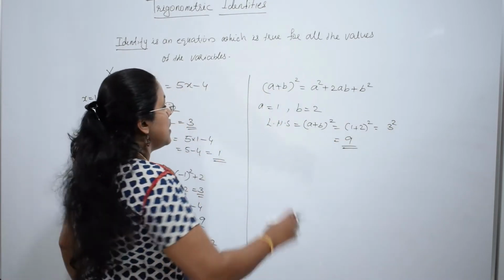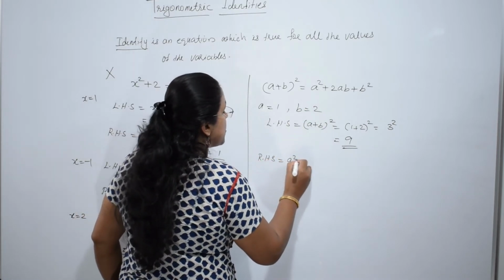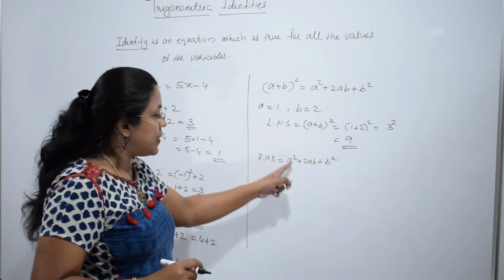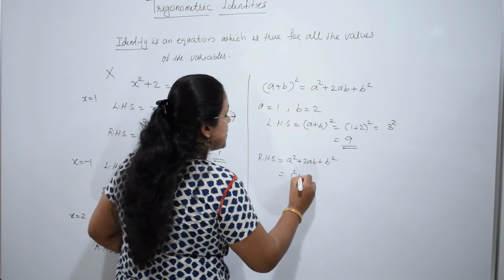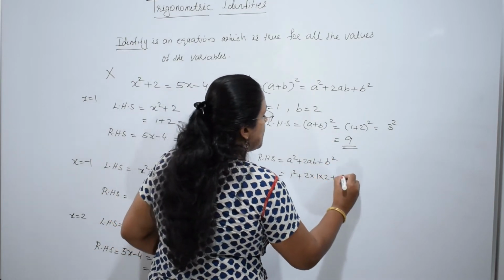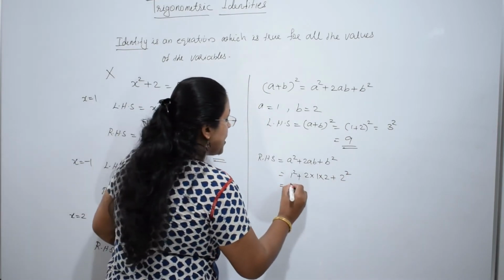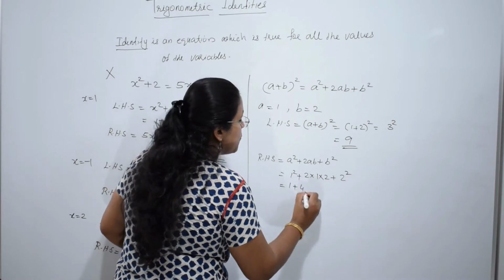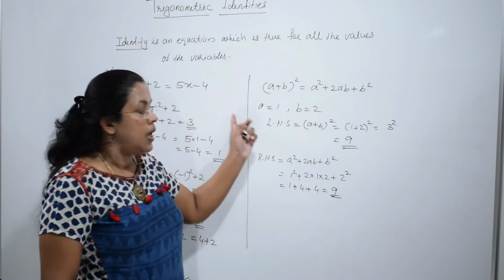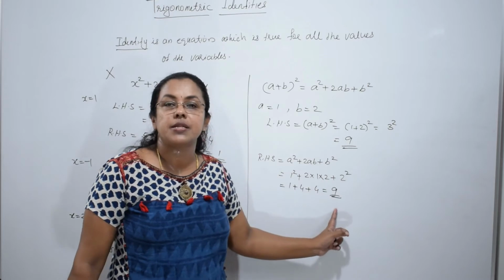And the right hand side is a square plus 2ab plus b square. a is equal to 1, so 1 square is equal to 1. 2 into 1 into the value of b, which is 2, plus b square, which is 2 square. 1 square is 1, 2 into 2 is 4, plus 4, this is equal to 9. a equal to 1, b equal to 2, left hand side 9, right hand side 9.